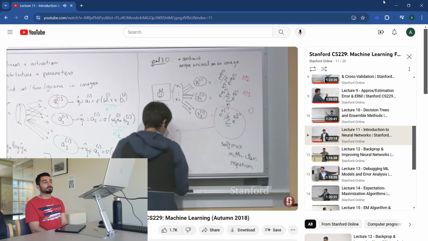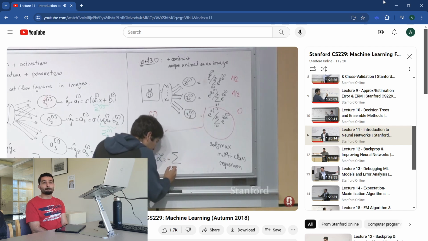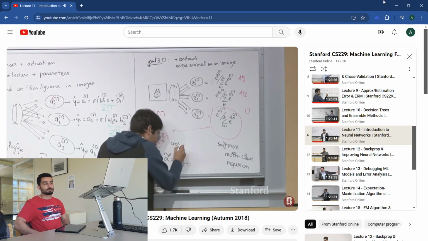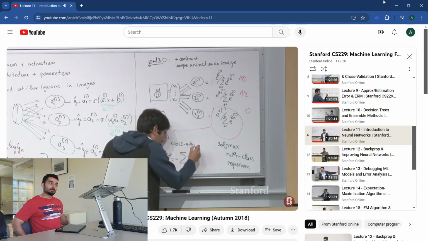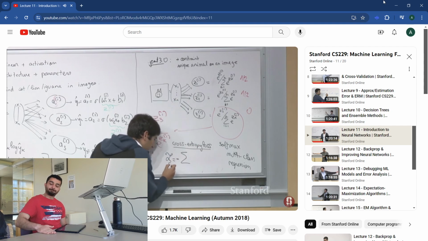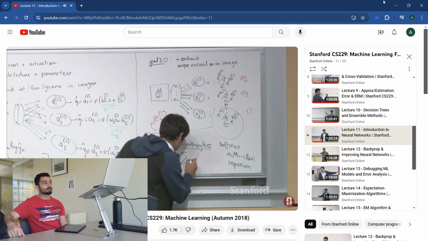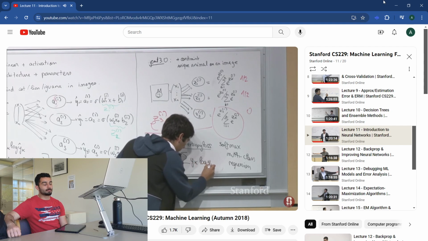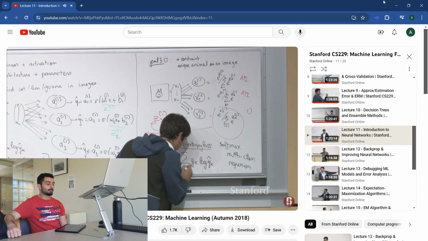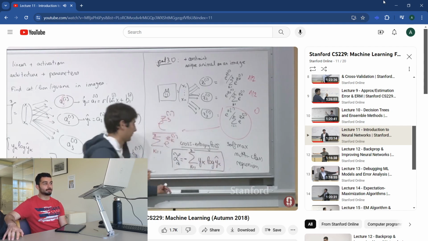So the loss function we'll define is a very common one in deep learning. It's called the softmax cross entropy loss. I'm not going into the details of where it comes from, but you can get the intuition of y_k log. Cross entropy.